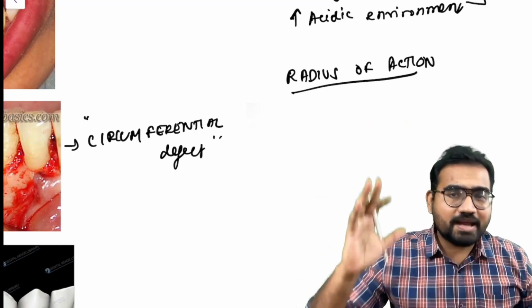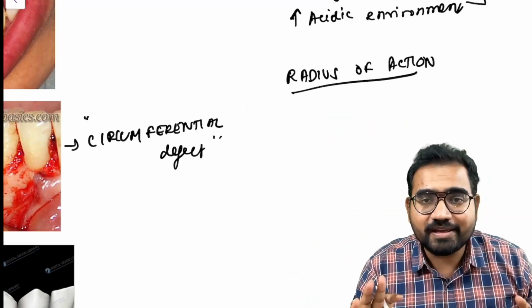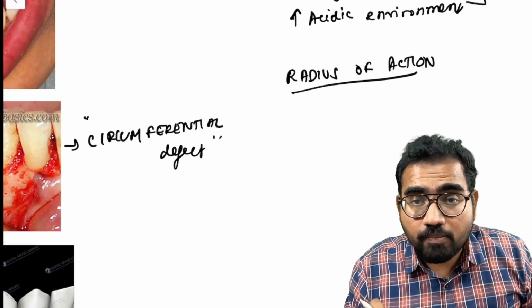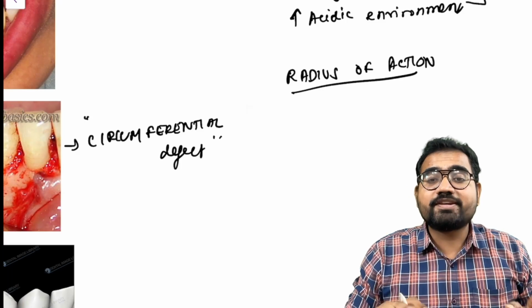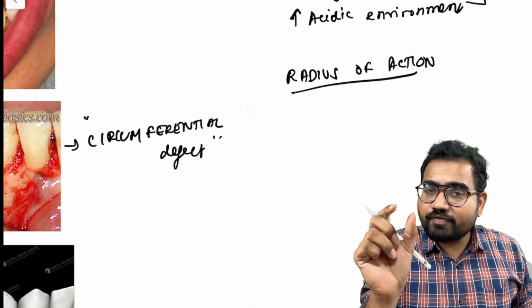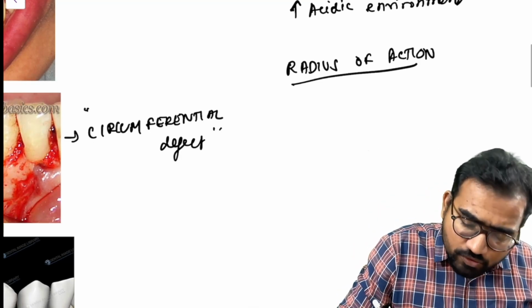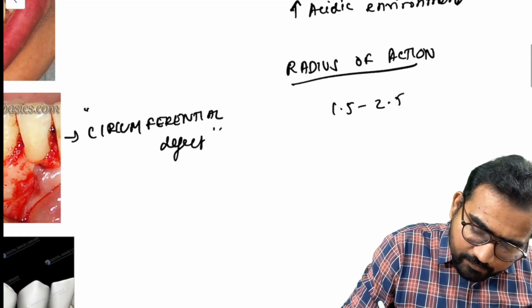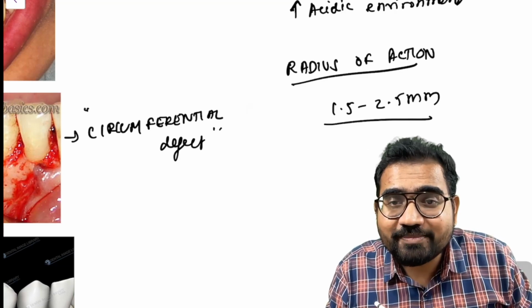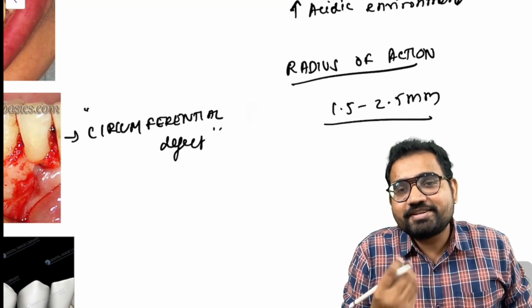Similarly, a bacteria cannot destroy the bone or the tissue if it is more than 2.5 mm. So the radius of action is 1.5 to 2.5 mm. If it is more than 2.5 mm, your bacteria cannot destroy it.